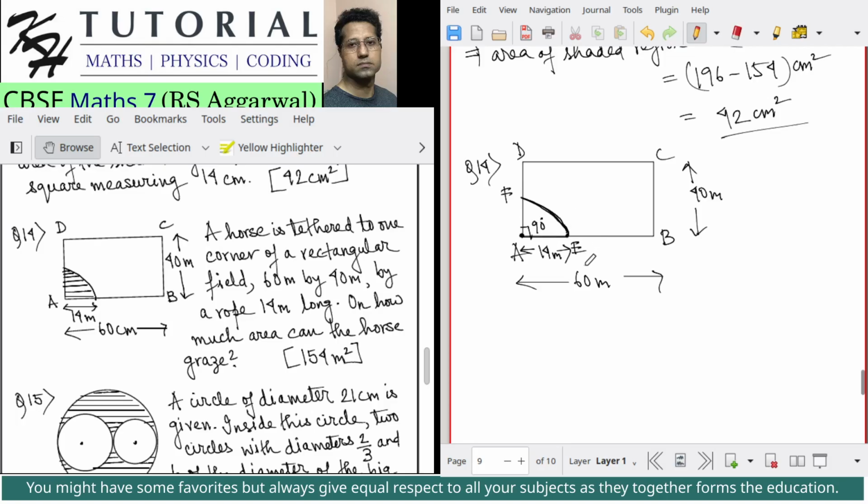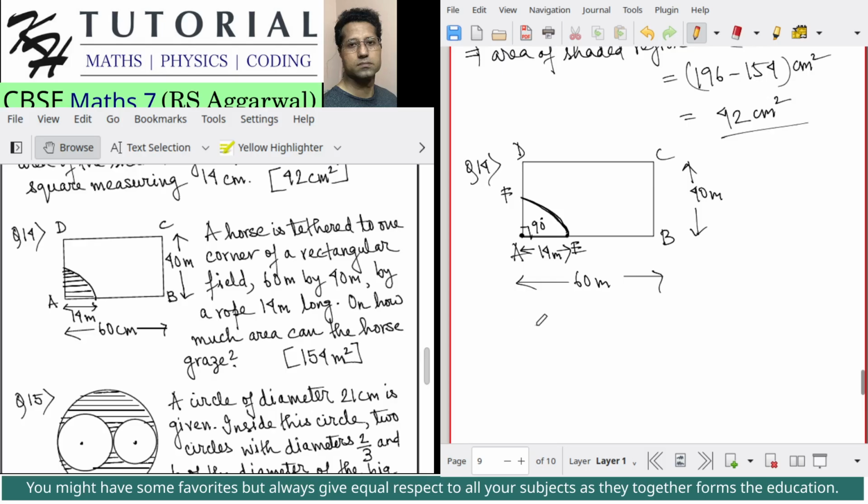So the area on which the horse can graze is nothing but the sector AFE. So we have to find the area of the sector AFE.